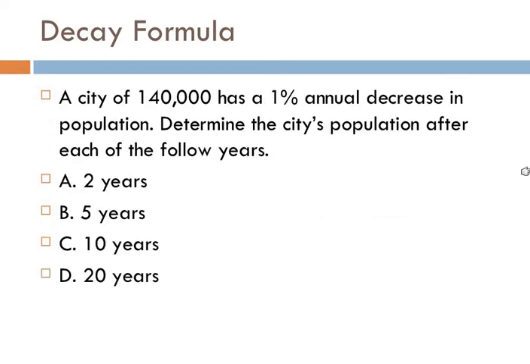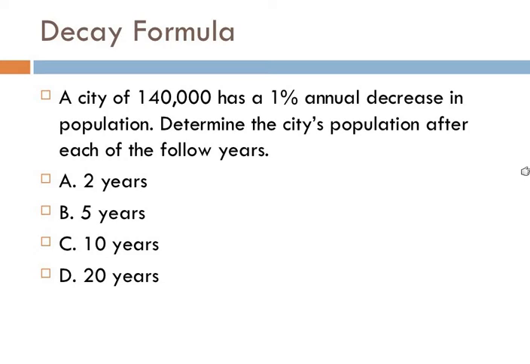Now, for example, a city of 140,000 has a 1% annual decrease in population. So they are decreasing by 1% yearly. Determine the city's population after each of the following years. How will we find it?